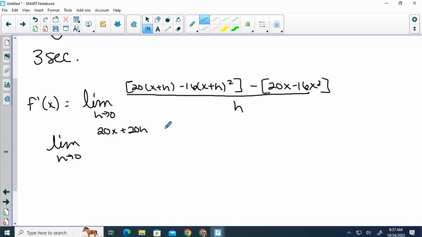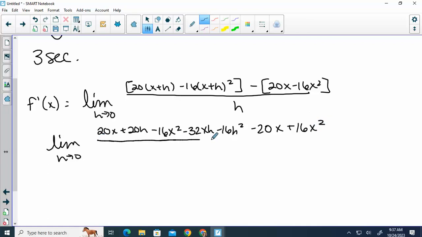And I'm going to square this and distribute my negative 16 at the same time. So then we can cancel 20x's, so 16x squared.